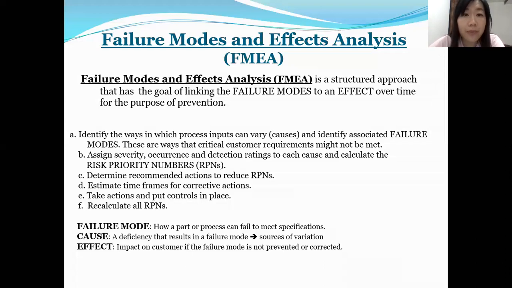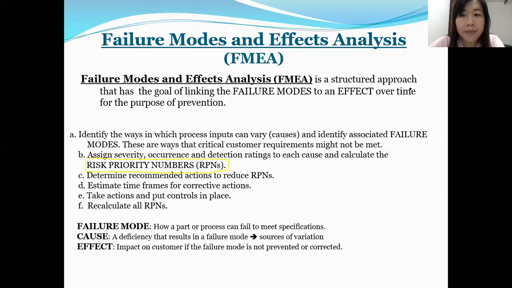From FMEA, we will understand what we call the risk priority number. So we try to identify any risk, any failure that might happen, and then we calculate the RPN. The failure which has a high RPN will become the focus of the action plan, the improvement plan.